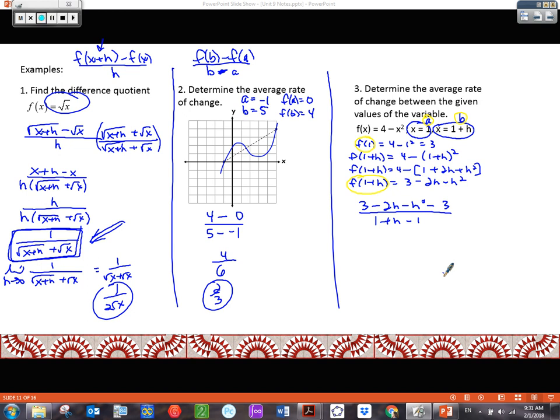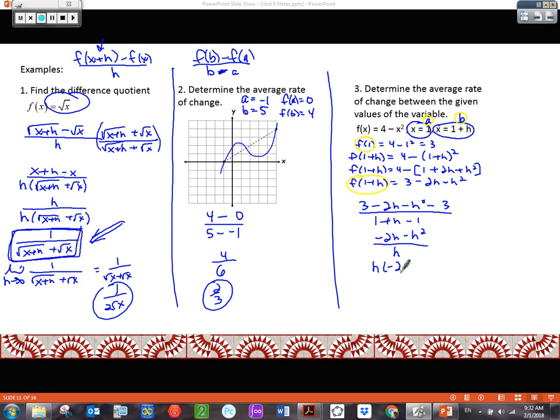Now I need to clean that up. We need to clean it up so we can see that 3 minus 3 is gone. Right, so in the numerator I have negative 2h minus h squared. In the denominator we see that the 1 minus 1 is gone. I'm left with an h. Do we all see what we can do now? Right, can we factor out an h? So factor out an h.